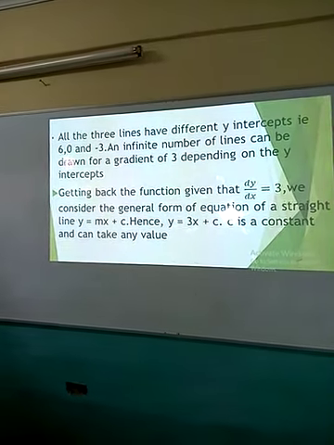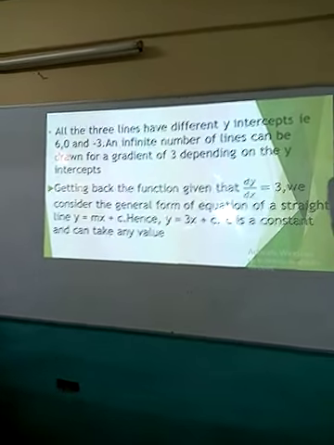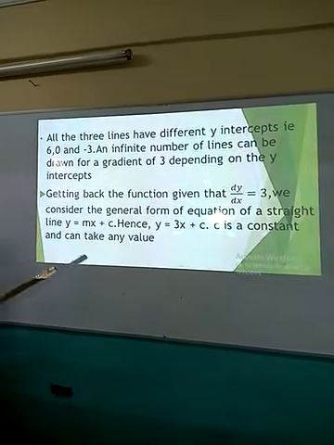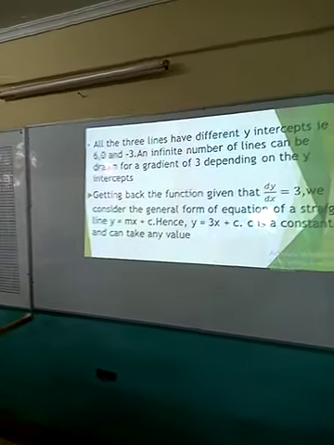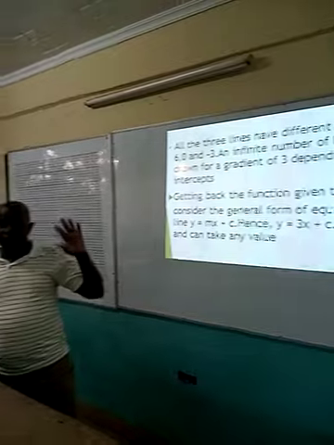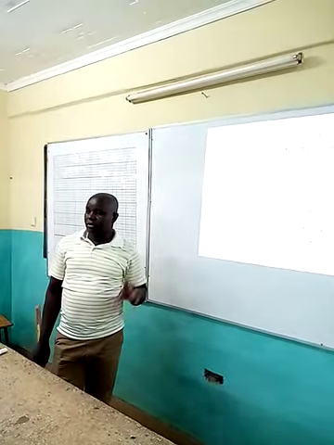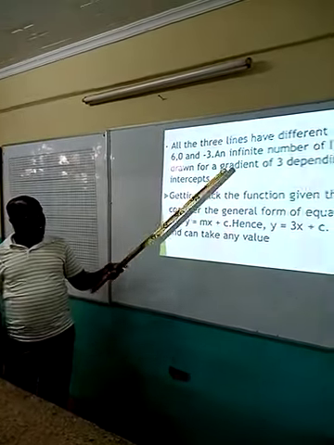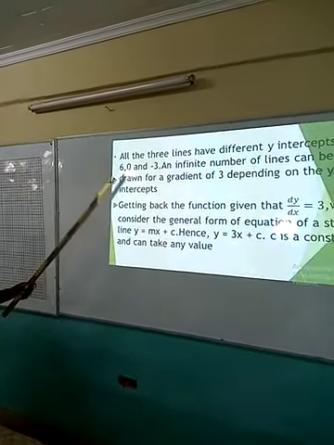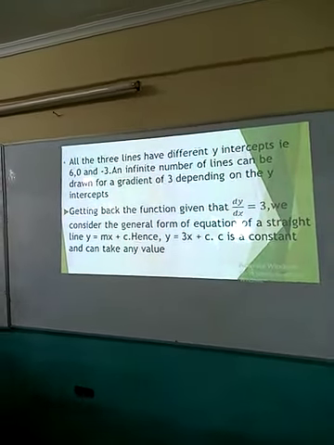What I want us to know is, with a gradient of 3, we can draw more than these 3 lines. We can draw so many parallel lines, just depending on their y-intercepts. We can draw several lines, and that is why I'm noting here that an infinite number of lines can be drawn from a gradient of 3, depending on the y-intercept of each line.